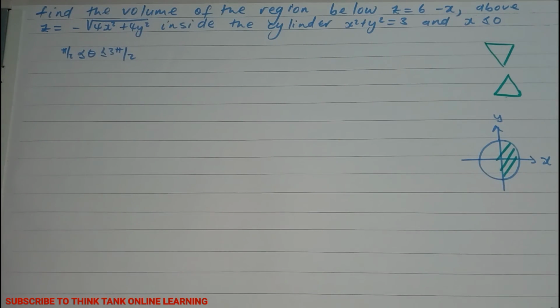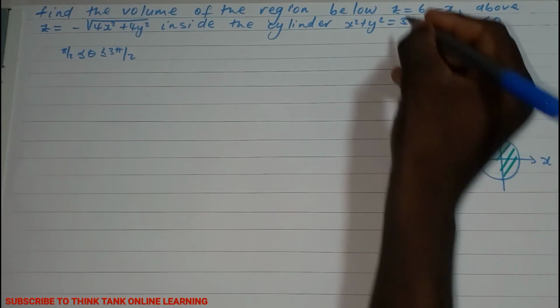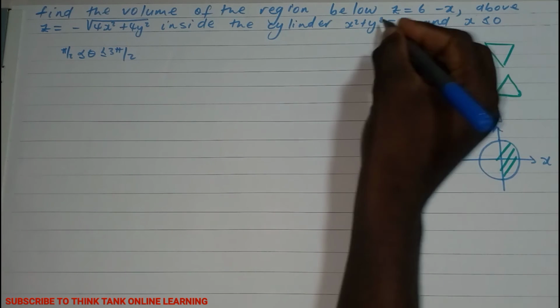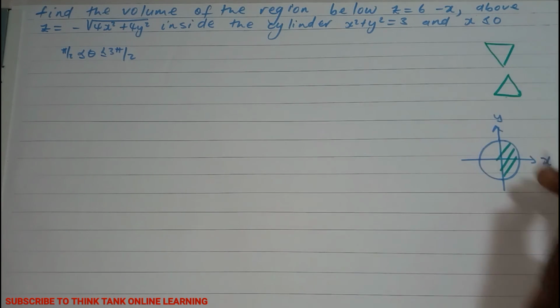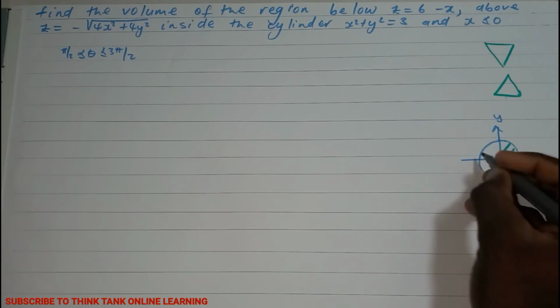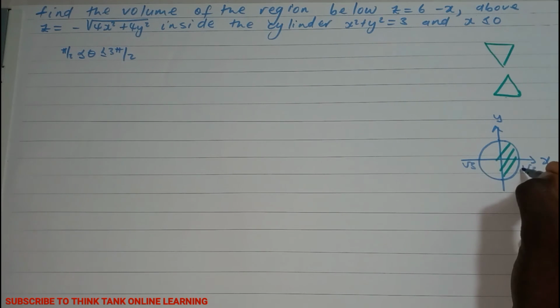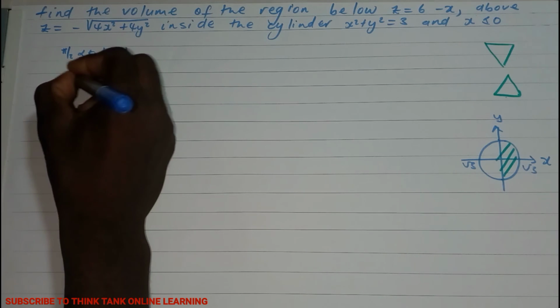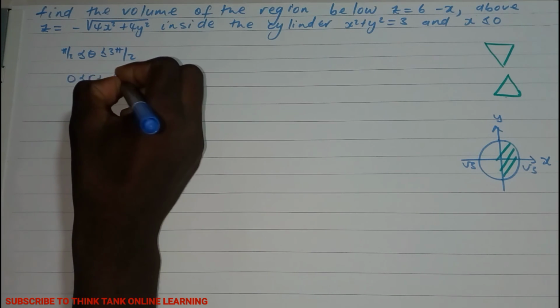Then what about r, given that this cylinder is the equation x squared plus y squared, so this circle we have r equal to root 3. So r ranges from 0 to root 3.